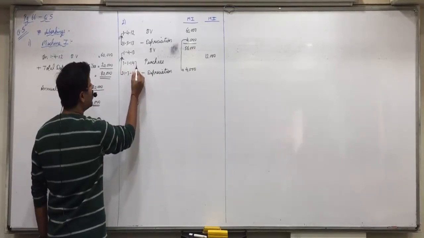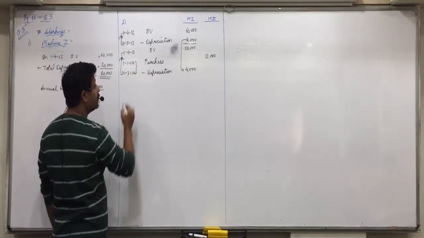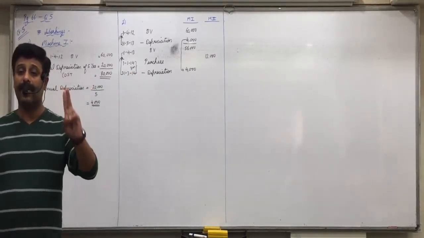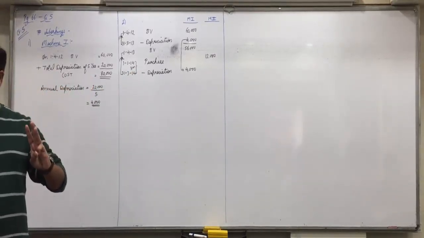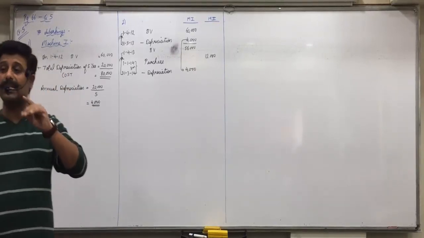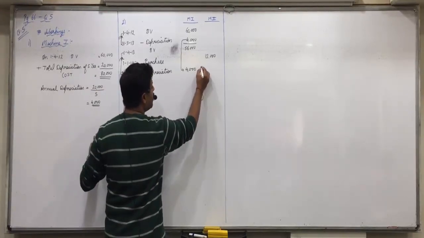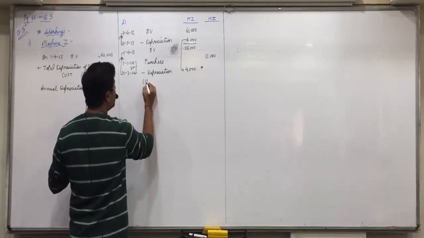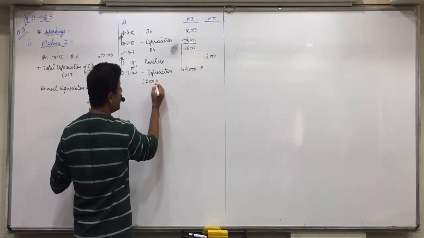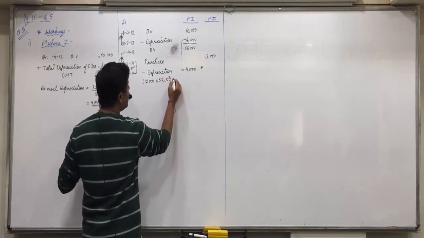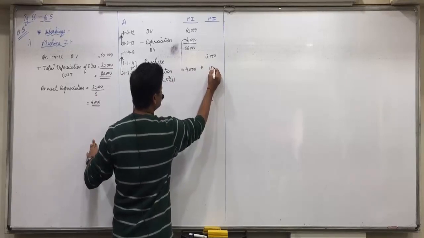So 1/1/14 to 31/3/14 is how much period? 3 months: January, February, March. So on machine 2, we have to count depreciation for only 3 months. So how will you count 3 months amount on 12,000? 12,000 into what is the rate of depreciation? 5% into 3 divided by 12, 150.